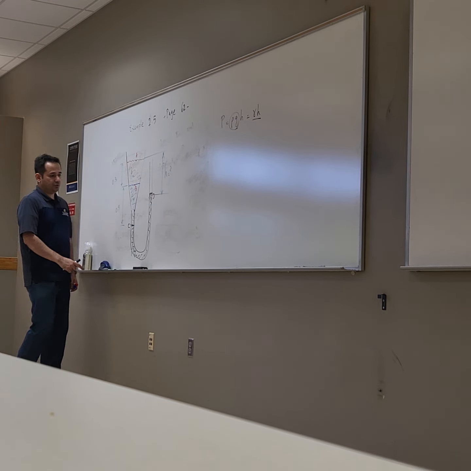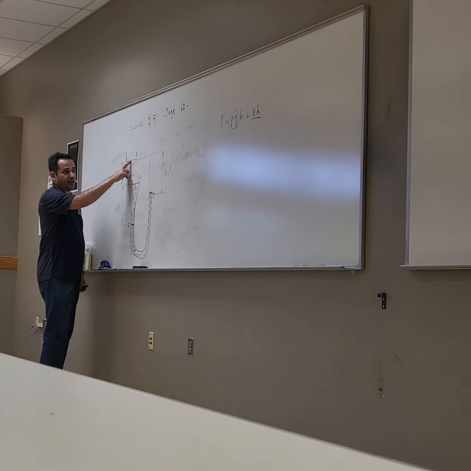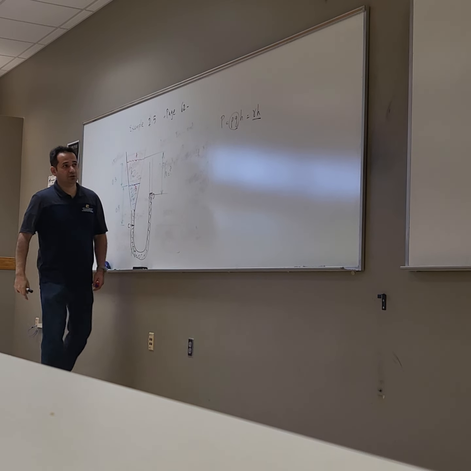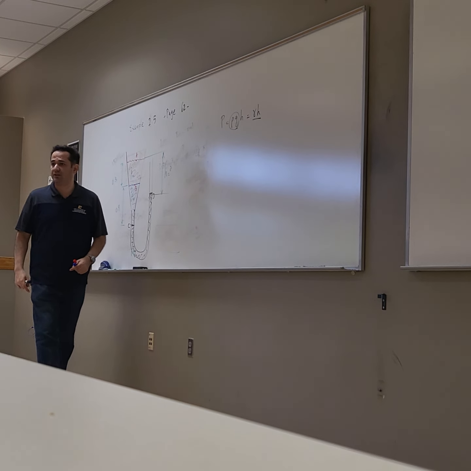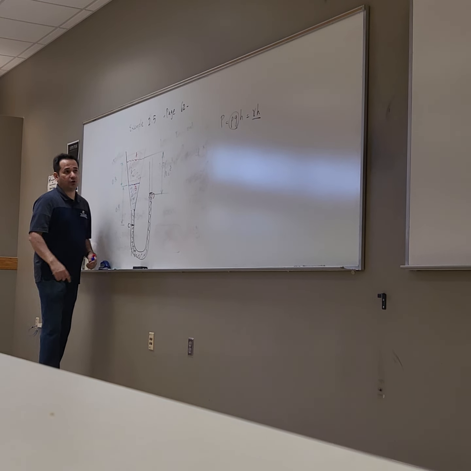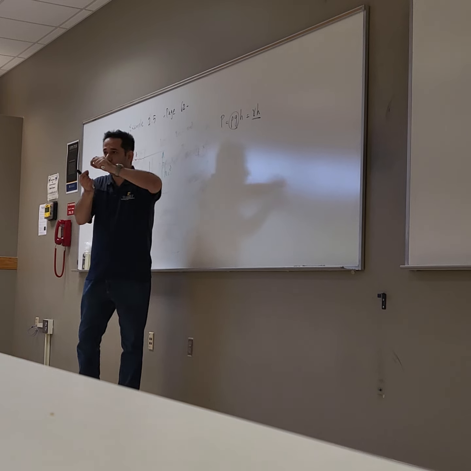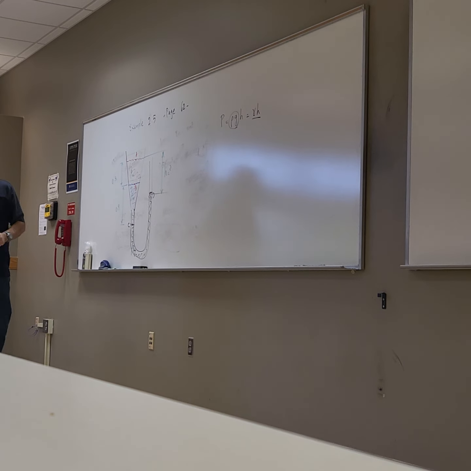Like you can't write it between here and A directly, even though g is the same, because the density is changing. So you have to write this relation between two points in a uniform constant density field.